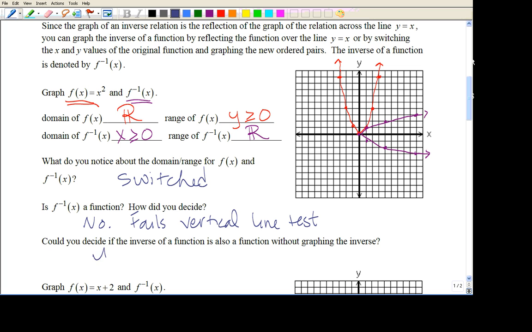Yes, we can. We can use a horizontal line test on the original function, f(x), and if it passes it, then it has an inverse function. If it fails it, then the inverse is not a function.